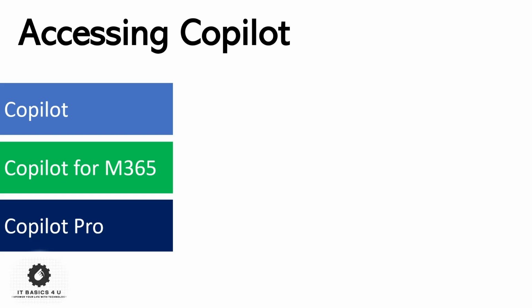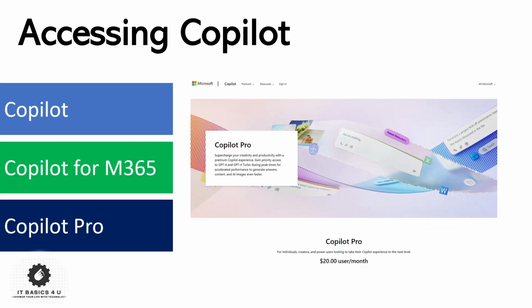With Copilot Pro, you will have access to GPT-4 Turbo during peak times for faster performance. That's what we discussed. It also provides the capability to build your own Copilot GPT. Yes, it has a Copilot Studio. You can use that studio to customize and build your own Copilot GPT.